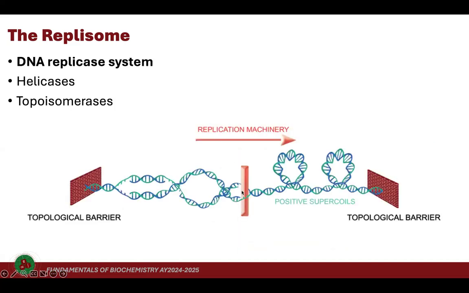Now, if you are unwinding one section of your DNA, as you can see here, it means that the rest of your DNA strand will now become more winded, if you know what I mean. If you can imagine what I'm trying to say.